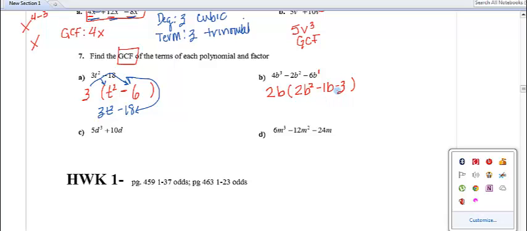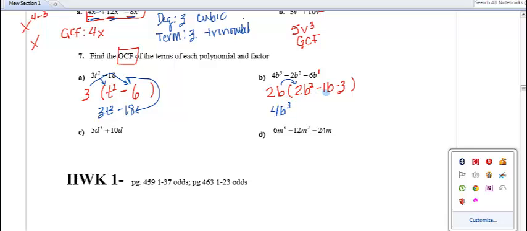So this is the GCF, or the factored form, by taking the GCF of this polynomial here. That would be our correct answer. Now we can check it by multiplying it back out, and we should see that we get the polynomial that we started with. So 2b times 2b squared, well, 2 times 2 is 4, and b times b squared, multiplying like bases means our exponents add, so we get b cubed.